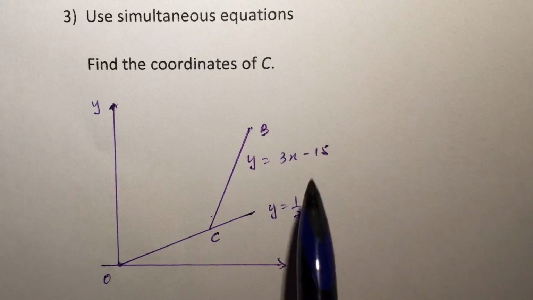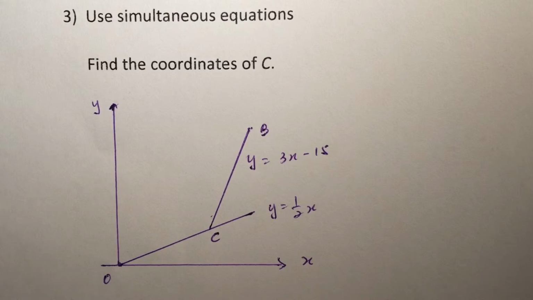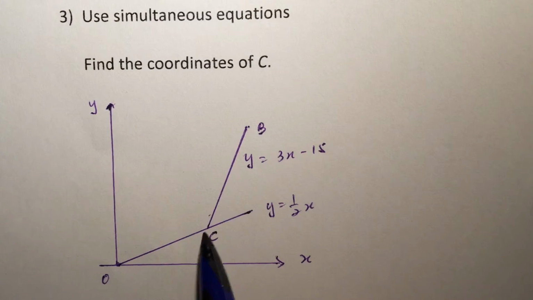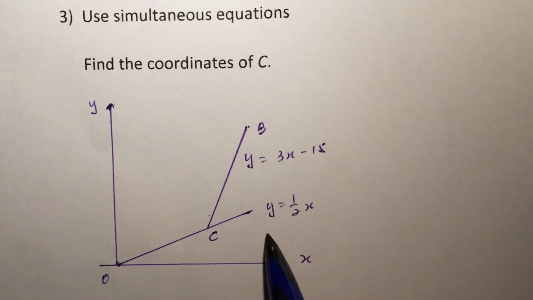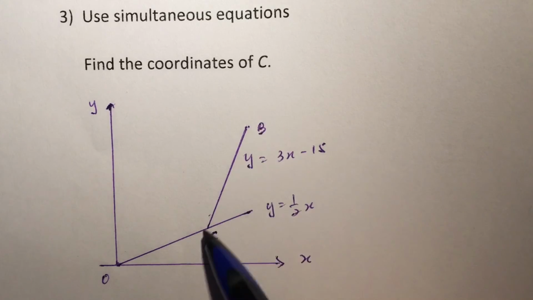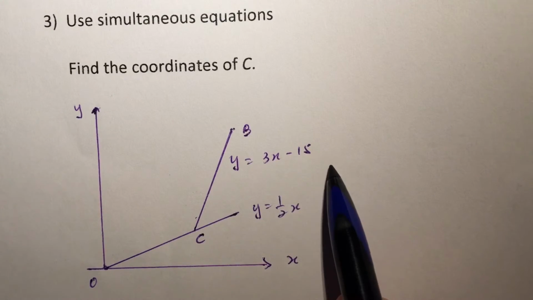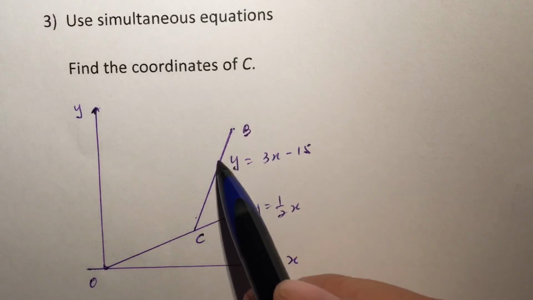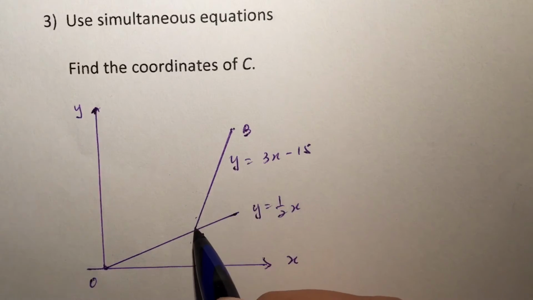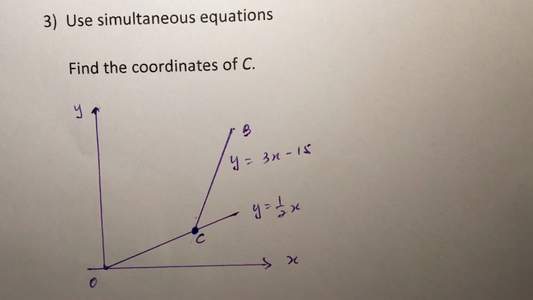However, in this question, they have given us two helpful hints. C lies on this line here, which is y equals half x. And BC is this equation, y equals 3x minus 15. So what you will notice is that this equation and this equation will actually intersect at C, meaning that we can use simultaneous equations.